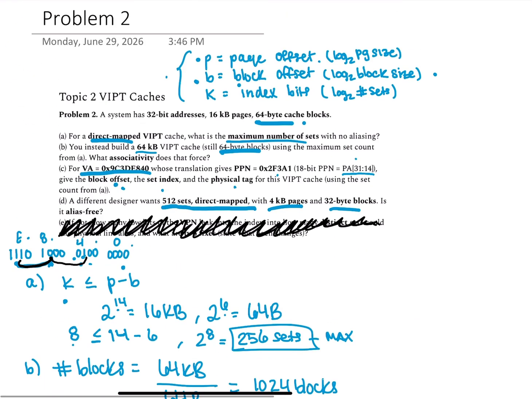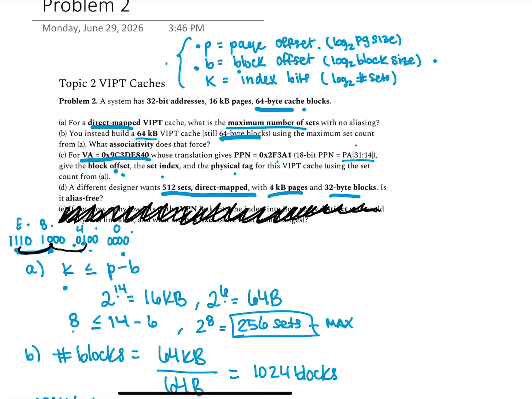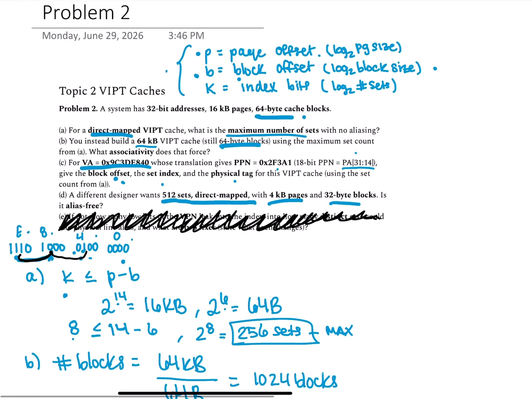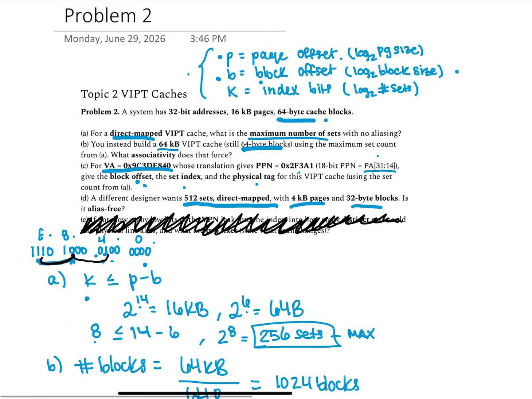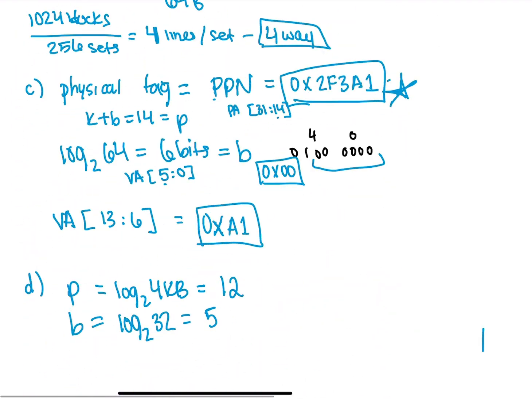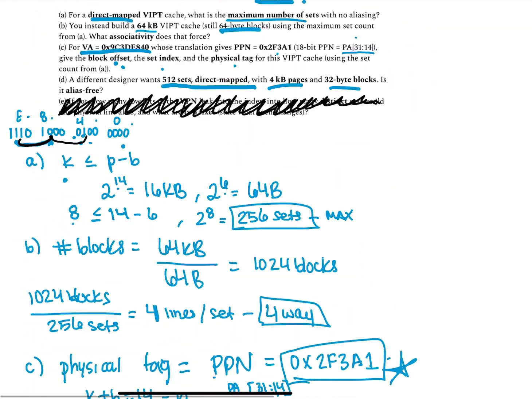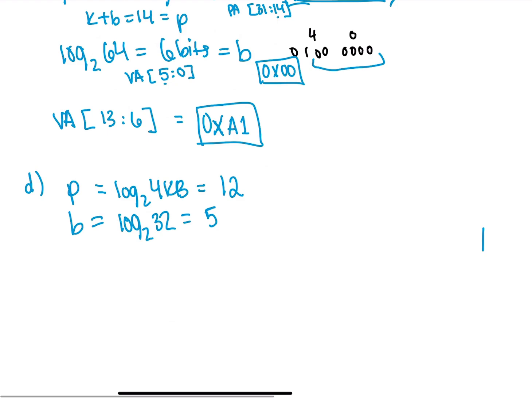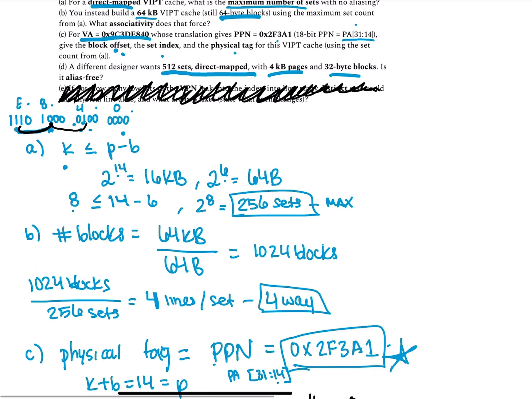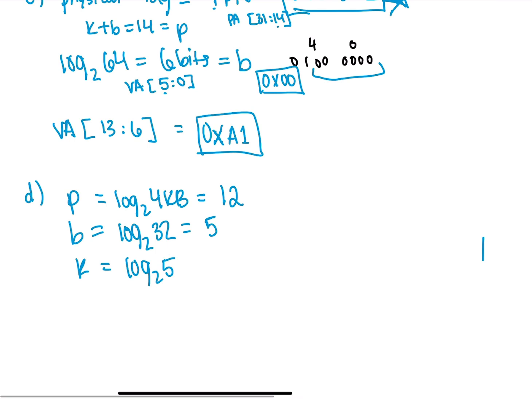We can do log base 2 of our sets for our index bits, because K is log base 2 of sets. Log base 2 of 512 sets is 9.